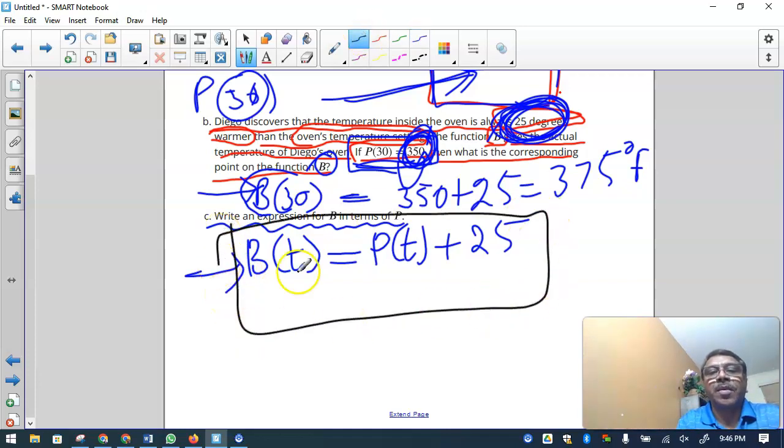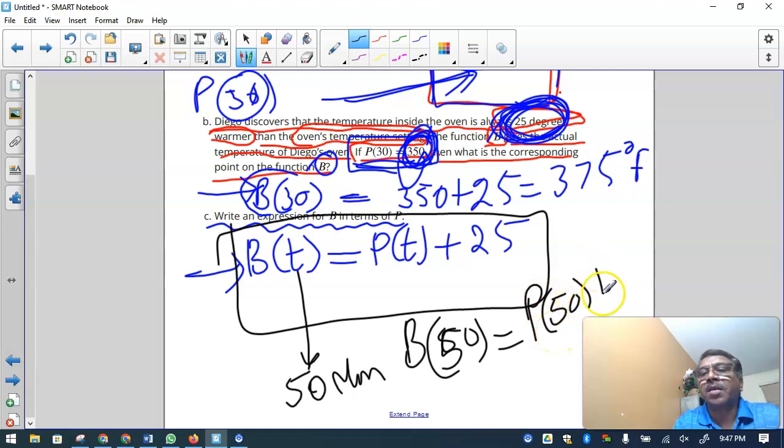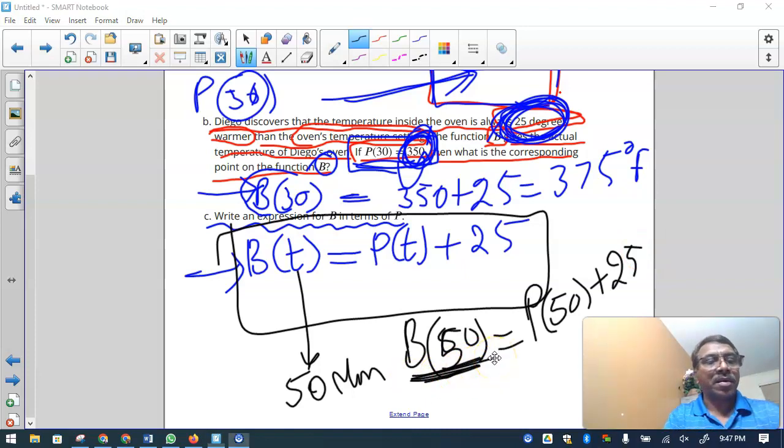No matter what, even if I say 50 minutes, B of 50 minutes is P of 50 minutes, whatever you see in the setup, plus 25, because this is the actual inside temperature. Hope that helps. Let's go to the next question.